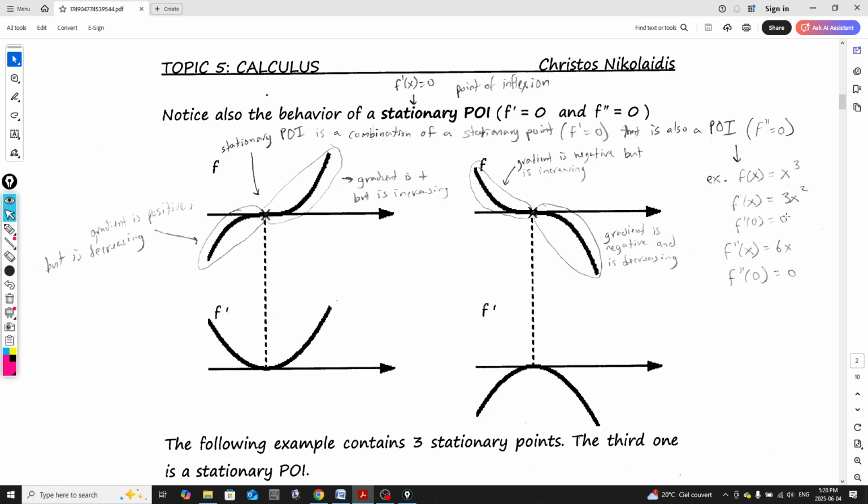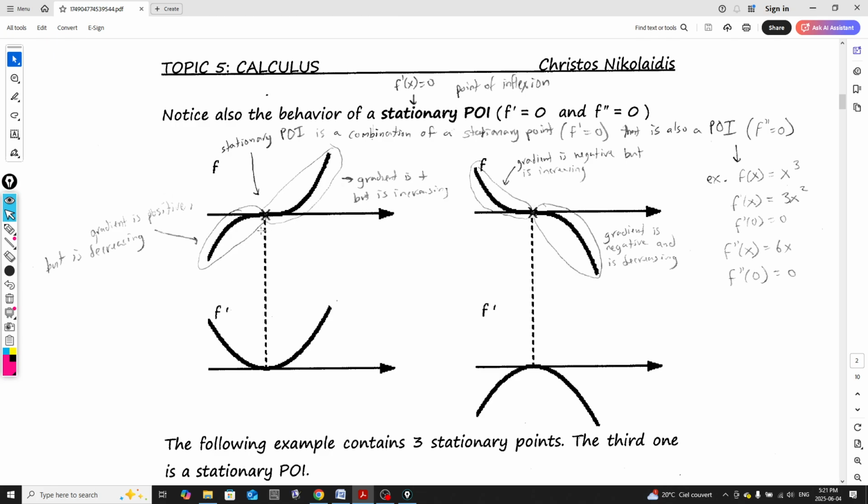And if I differentiate one more time, at x equals 0, f double prime still equals 0. That's how the point at x equals 0 is both stationary, because f prime equals 0, and a point of inflection, because f double prime of 0 equals 0.